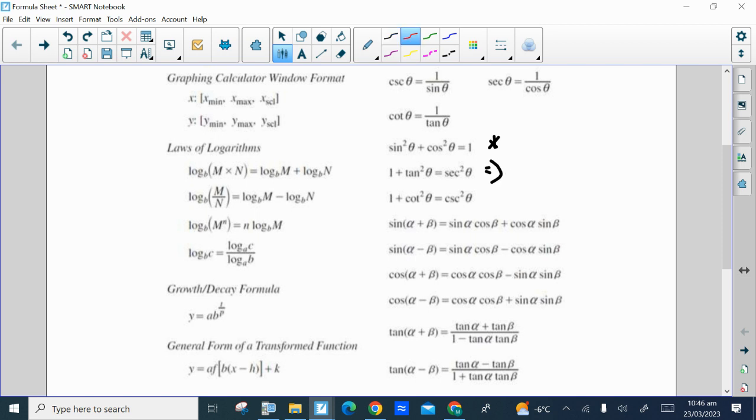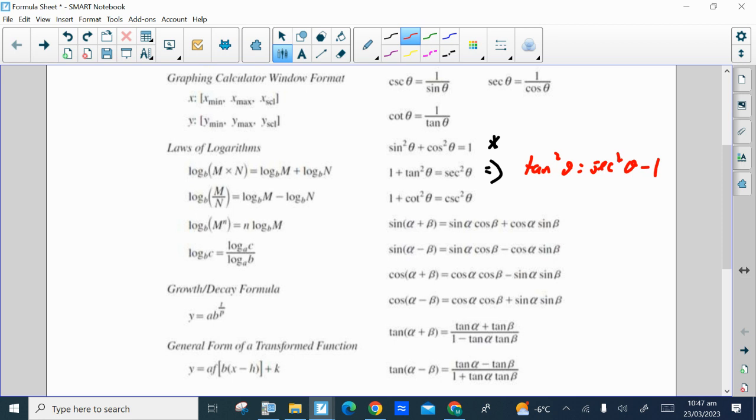If you've got 1 plus tan squared theta equals sec squared, you could say that tan squared theta equals sec squared theta minus 1. You could take that original identity and subtract 1 from both sides.